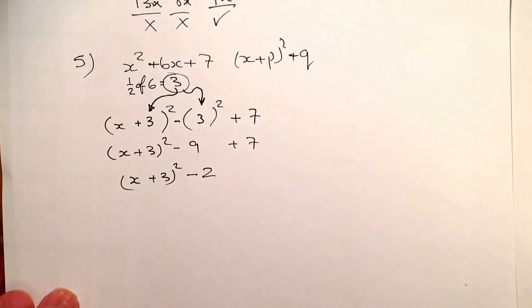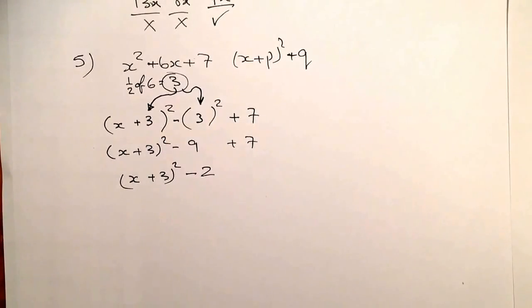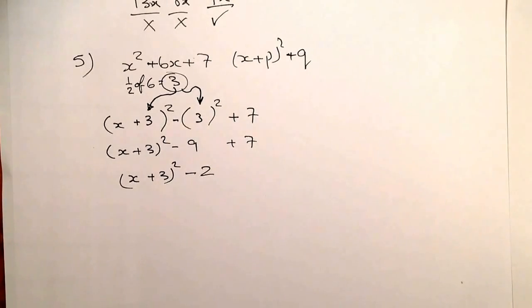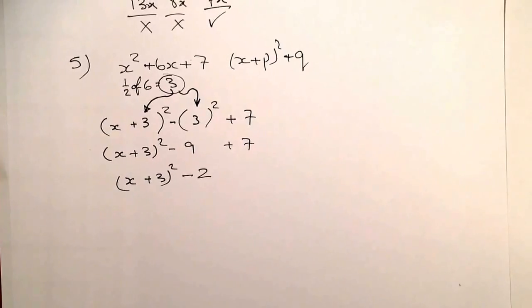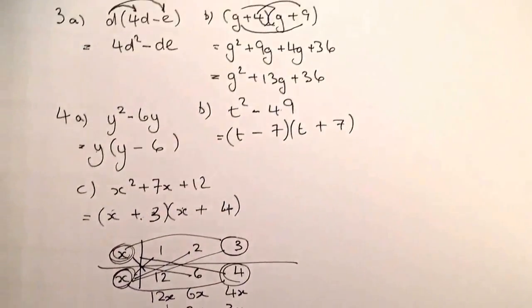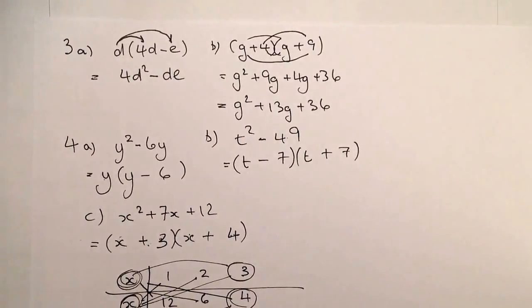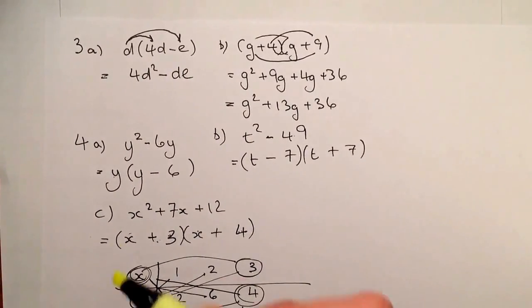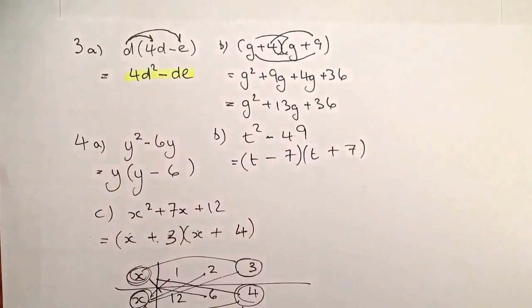Okay. Right, let's go back and have a look at how we would mark the questions that we've got here. So going back to question 3. The first mark that I'm going to get is for multiplying out. So that whole thing there must be shown.